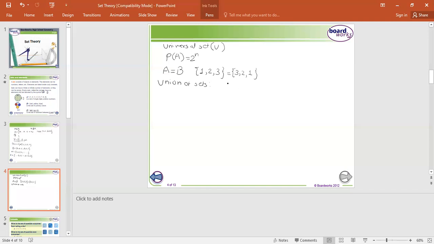It is denoted by A union B. Symbolically, this set is defined as A union B equals, in curly brackets, x such that x belongs to set A or x belongs to set B.